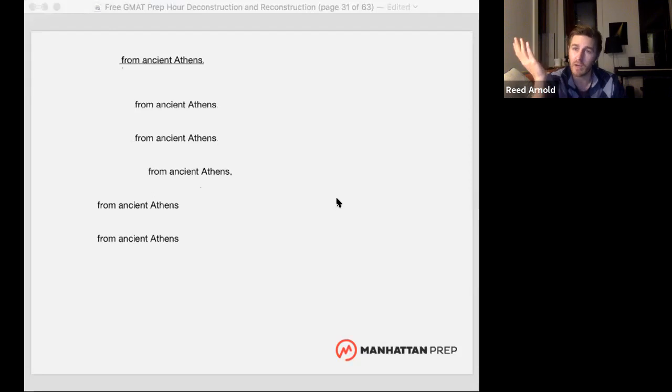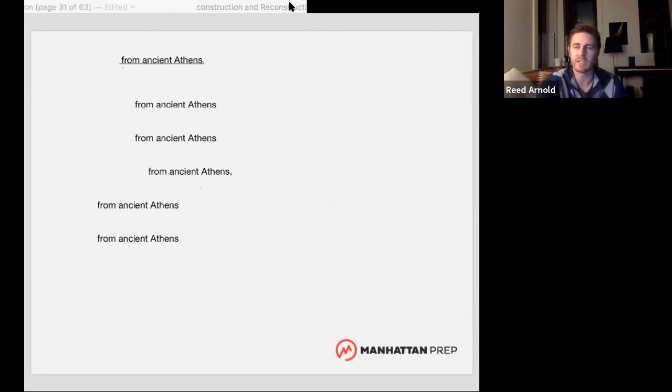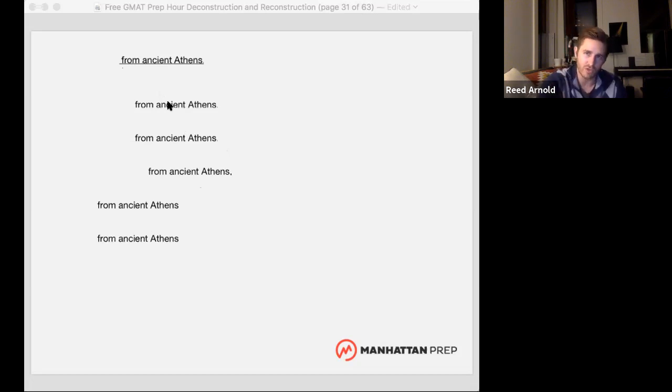Something that's from ancient Athens, right? I know it's obvious, but you specify that, and when you see modifiers, you check the thing that's modified. Make sure it makes sense to be from ancient Athens. Now I included this from the sentence just to show you an example where, when you do this drill, this particular split isn't all that important in this particular question, but for other questions, it's hugely important, and you have to build the stimulus response. Something's from somewhere, check what it modifies. That's the point of the drill.